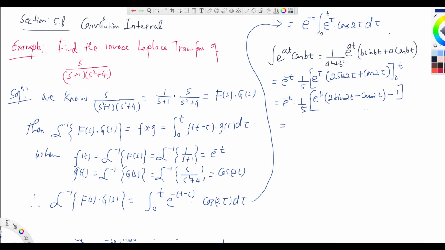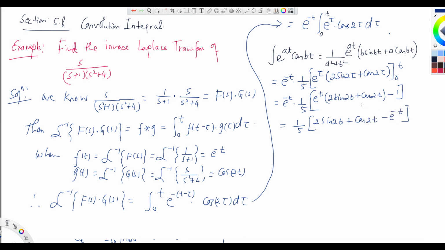Now, let's distribute this. You will get 1 over 5, and if you distribute e to the negative t to both of these terms, the e to the negative t and e to the positive t will cancel out. So 2 sine 2t plus cosine 2t, minus e to the negative t.